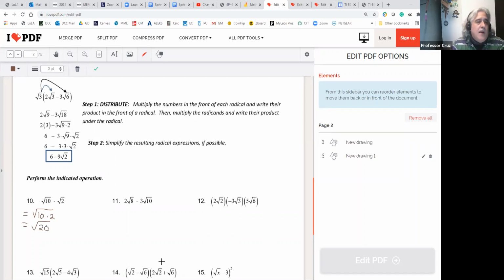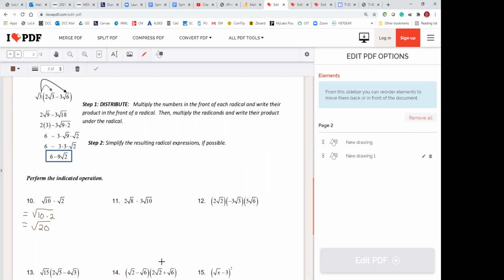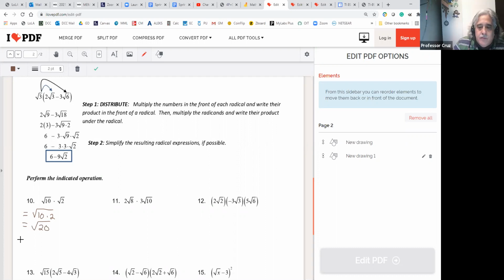We have to go back to what we learned in 7.3, because that's where we first started looking at simplifying. 4 times 5. Yeah, that's 4 times 5. So it'll be 2 square root of 5. Exactly.